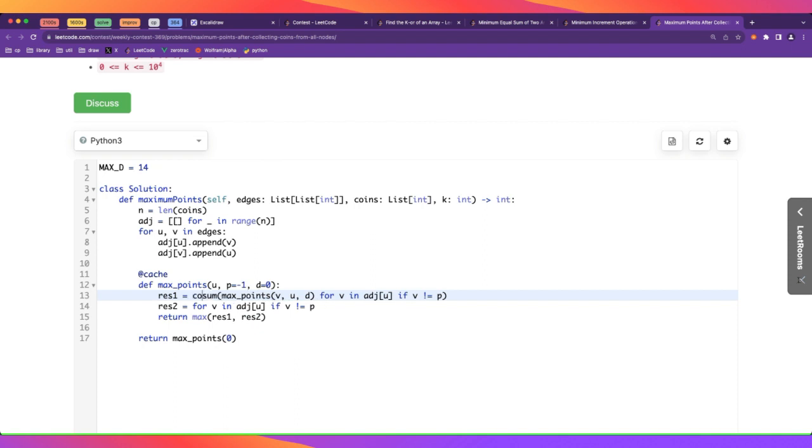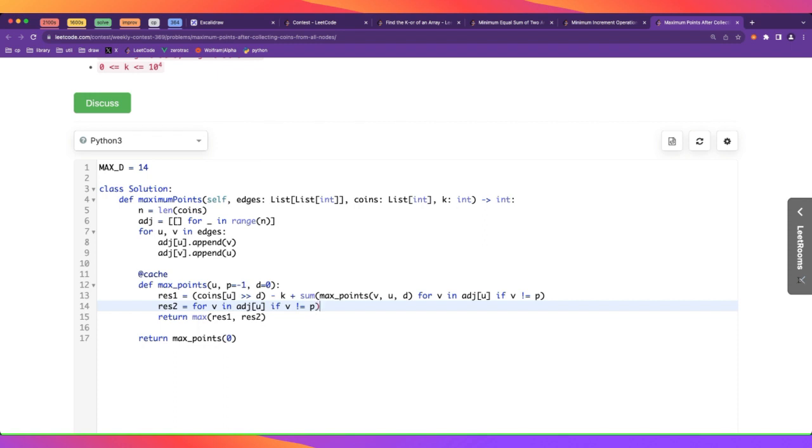And for the coins in position U, remember that we need to divide by 2 D times, which is the same as shifting the coins of U to the right, and we have to subtract k. So this is how many points we get in the first way.